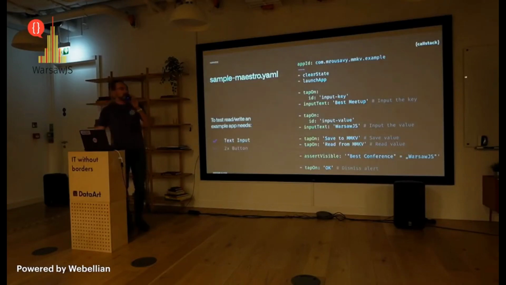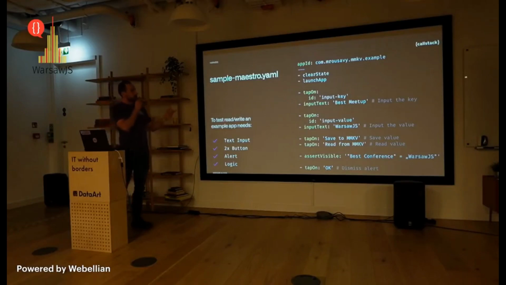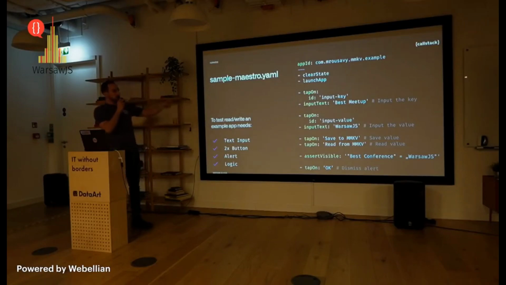So for example, in Maestro, we are building something like this. In case of MMKV, this is basically a key-value store. So we need to write into the store and get the same value from the store. On the left side, you see basically a Maestro scenario for doing exactly that. You need to find an input. You need to put something in the input.